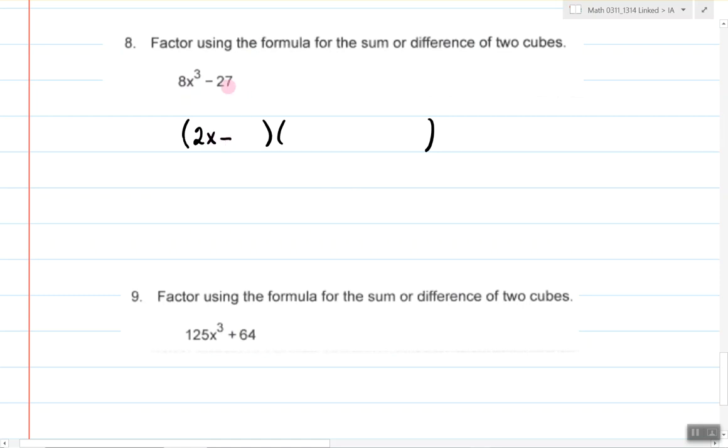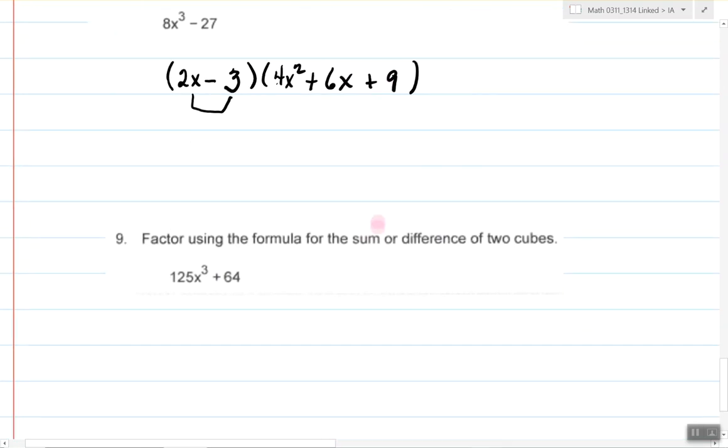Keep the minus sign. The cube root of 27 is 3. What do I do here? Square. 2x times 2x is 4x squared. Change the sign, plus. Product, 6x. Square the last, plus 9. If you can remember, square, change the sign, product, square, you'll get it.